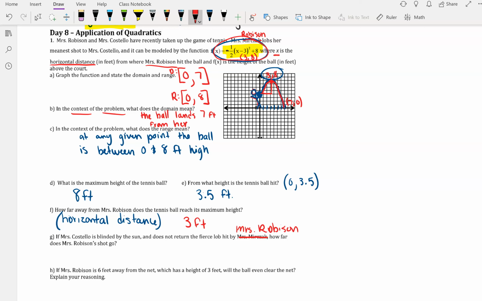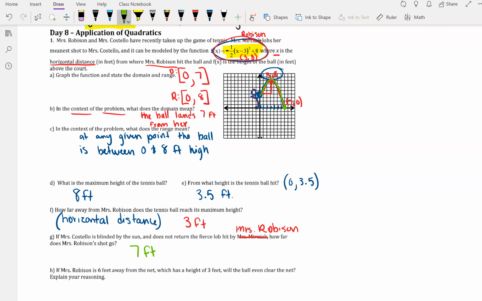How far does Mrs. Robison's shot go? So, look at the picture again. For all of these, we're looking at the picture. If Mrs. Costello doesn't hit the ball, then it'll just continue along this path, and it will land over here at the point 7, 0. So that's 7 feet is how far it will go in the air before it lands.